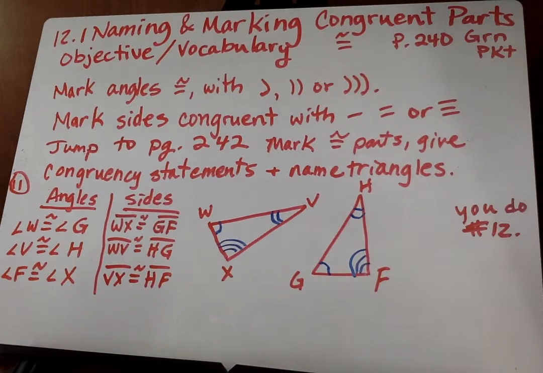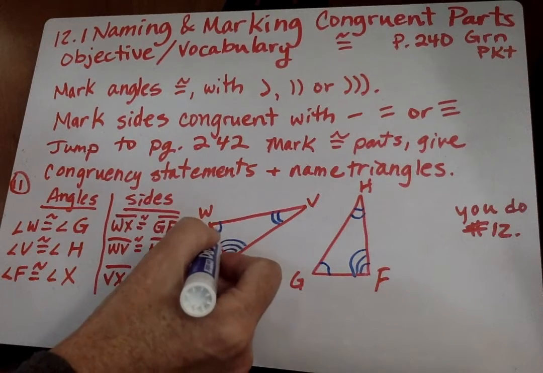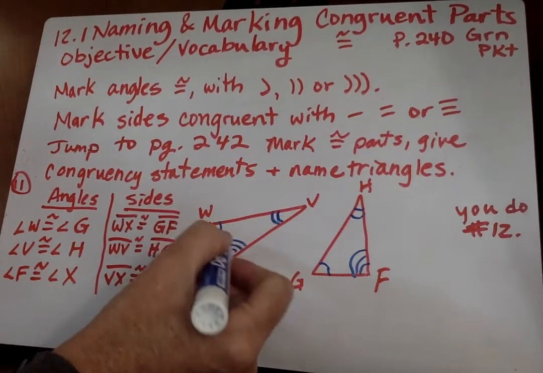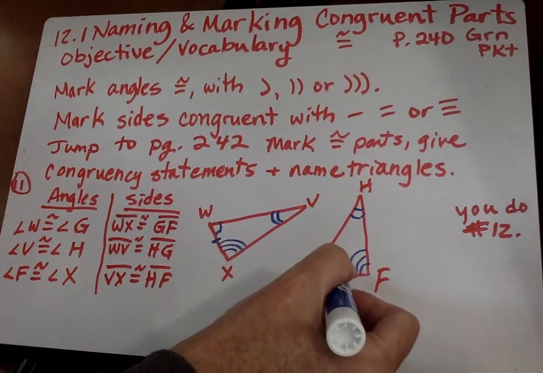Next, we're going to go on to our different sides that are congruent. As we see, WX is congruent to GF. When they're sides, we mark them with just one little marking there. WX is congruent to GF.